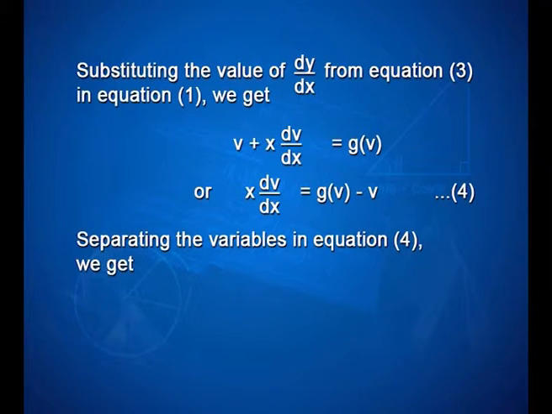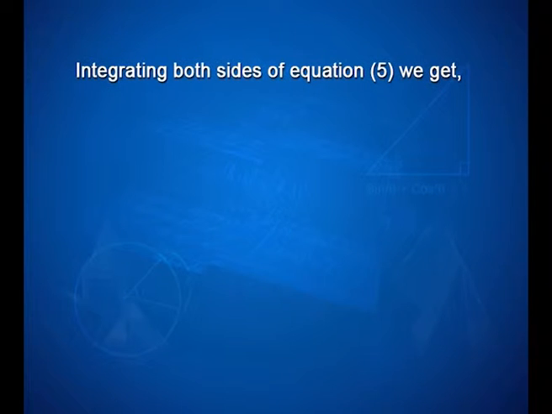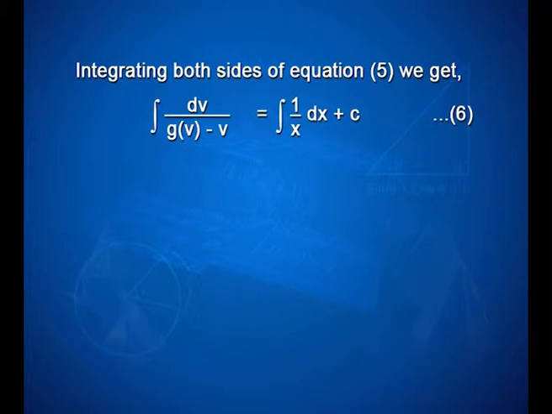Now, separating the variables in equation 4, we get dv upon (g of v minus v) is equal to dx upon x. Take this as equation number 5. On integrating both sides of equation 5, we get integral dv upon (g of v minus v) is equal to integral 1 upon x dx plus c. Take this as equation number 6.